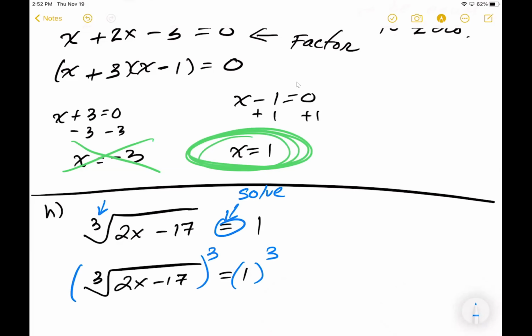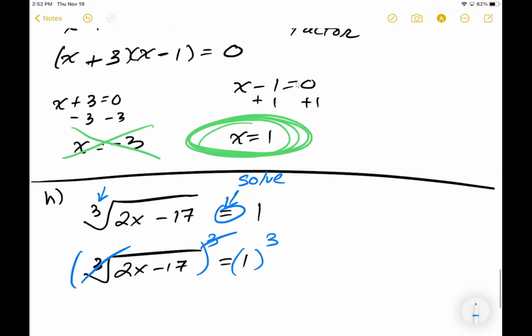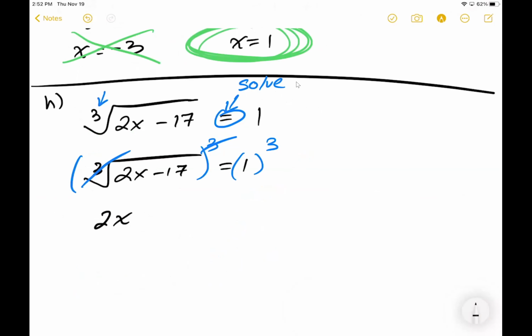Like a square root and a square power, the cube root and the cube power cancel. We have 2x minus 17 on the outside equal to 1 times 1 times 1, which is still just 1. And like I mentioned, this problem is easier than the other one because there's no FOIL involved.